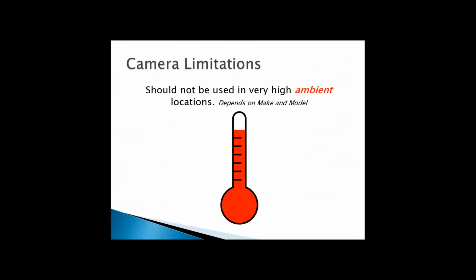Some other limitations include that the infrared camera should not be used in very high ambient locations. This specific temperature is going to be dependent on the make and manufacturer of your piece of equipment.